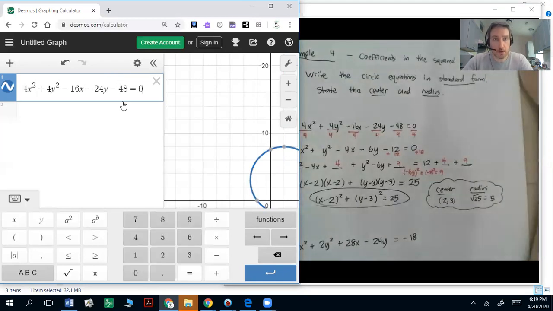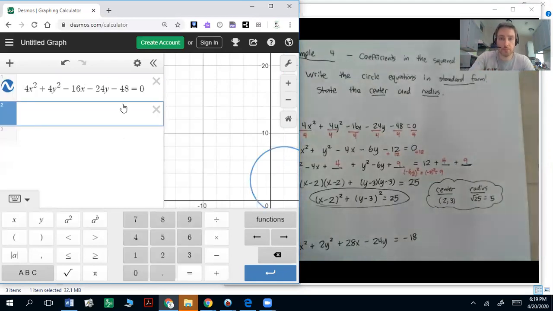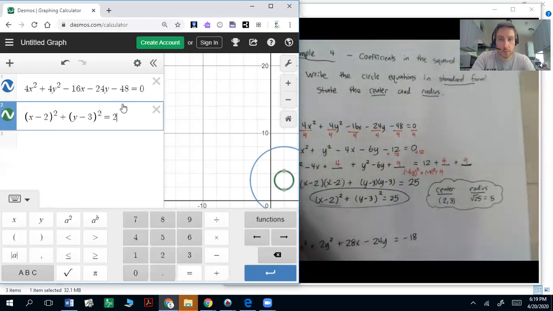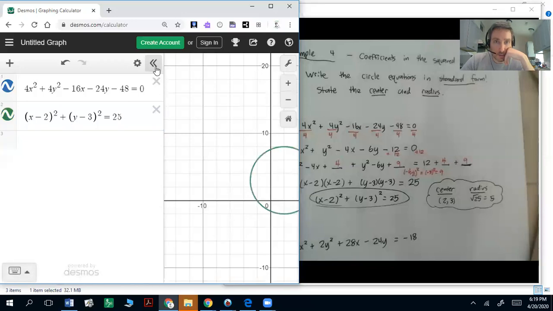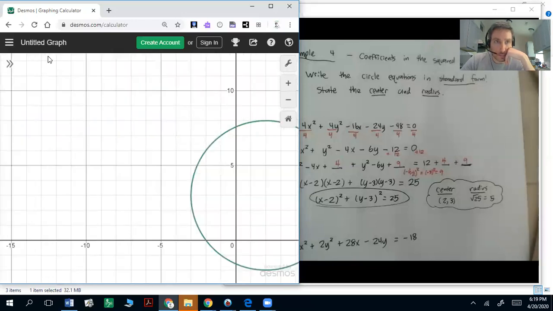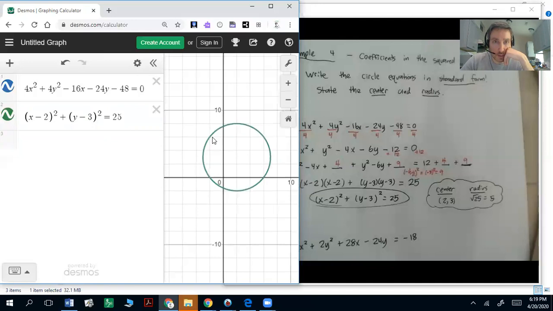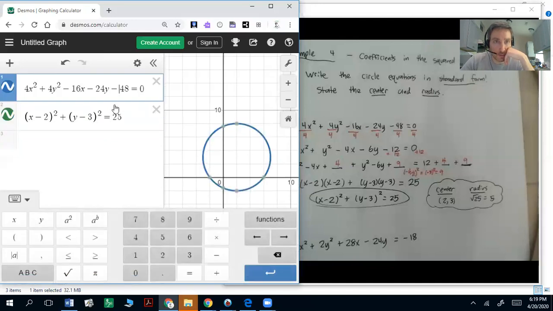And you can overlay the other one that you just calculated. I thought I was going to have all these dots in here, but it turned out just fine. These are the same graph, so we know we did our work right. So we're good on that.